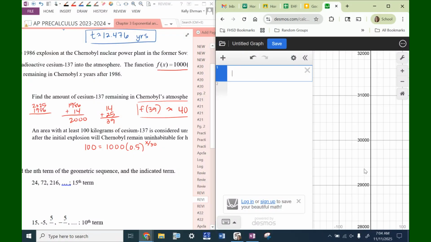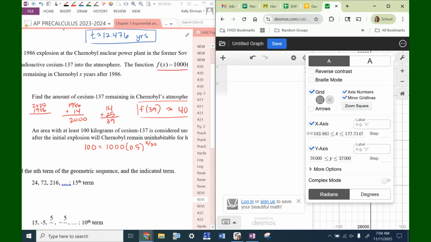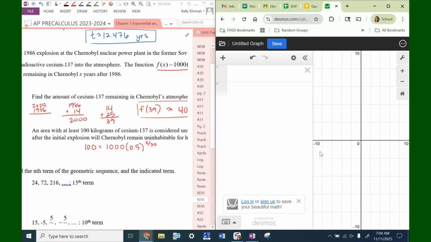And if your window is crazy, you can set it back to normal, -10 to 10. Let's just get back to basics here and see what happens. Okay, so y equals 100.